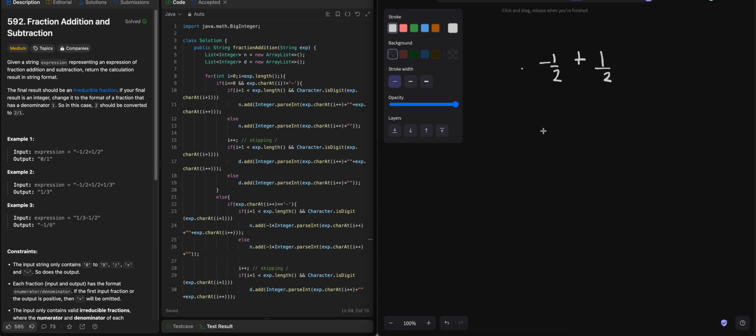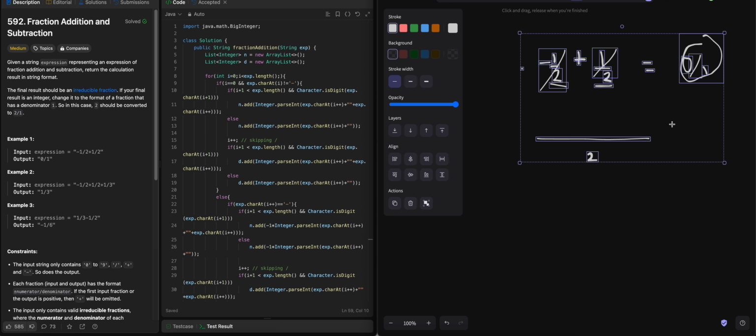The LCM of both denominators is 2. If you do it mathematically, minus half plus half, the answer would be 0. So in our case it would be 0 by 1 that we have to return, because it's been asked in the question to make it in the proper fraction format.